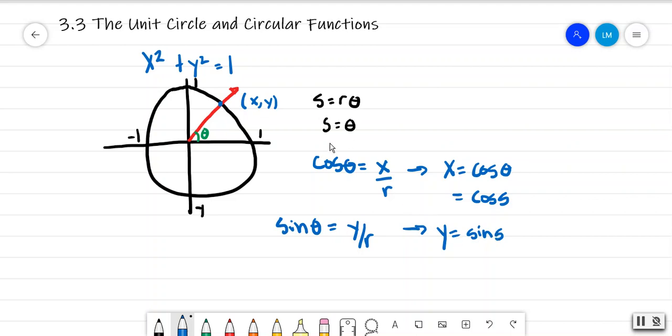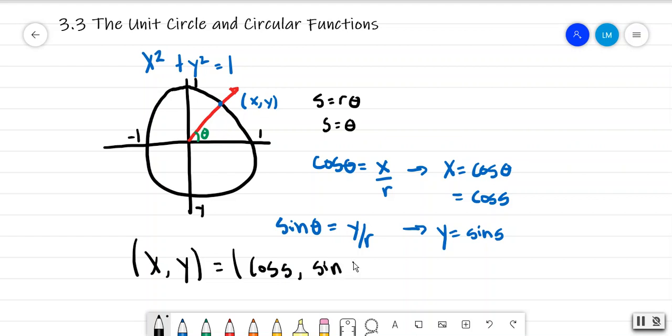So all that means is that the ordered pair x comma y is also the same thing as cosine of s comma sine of s.